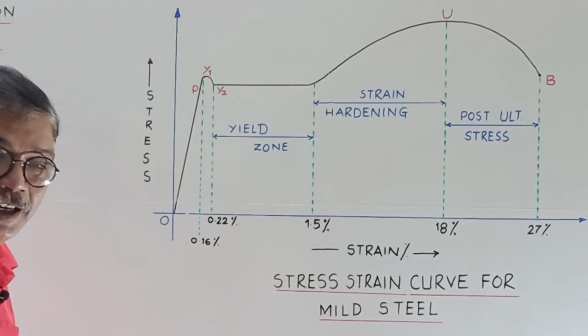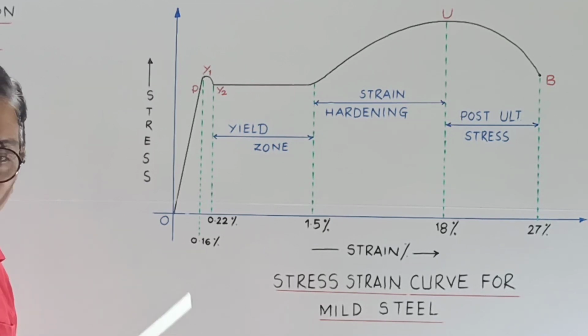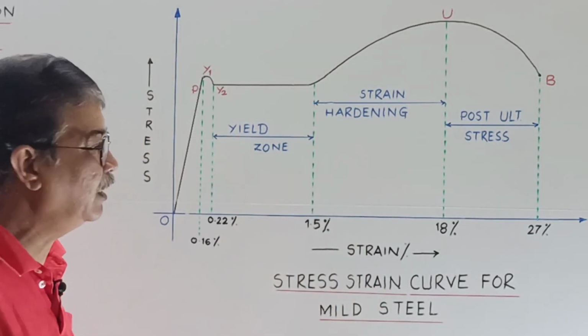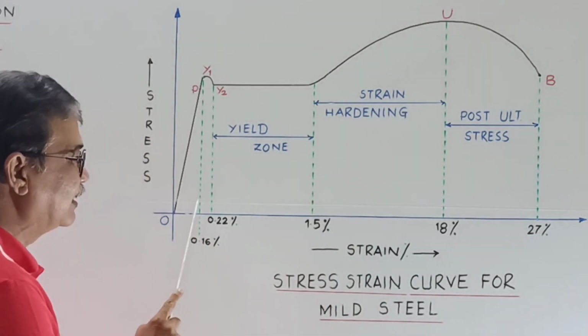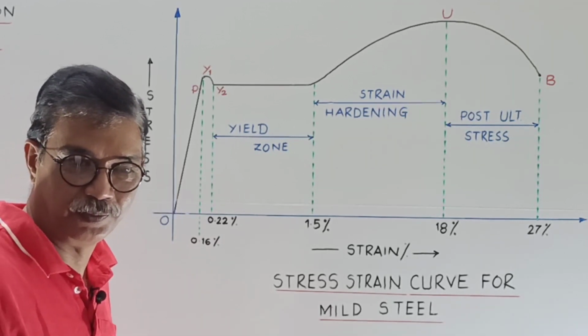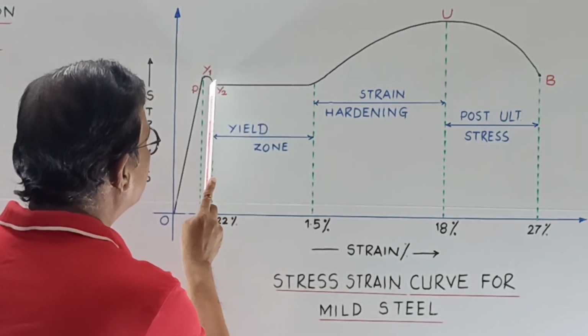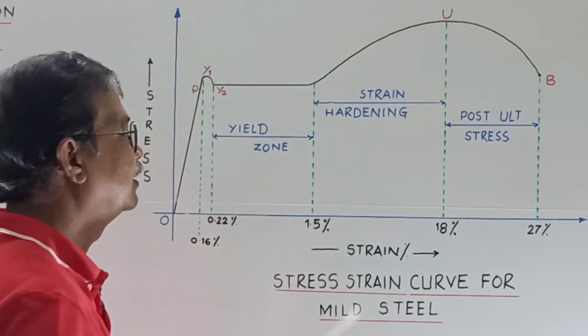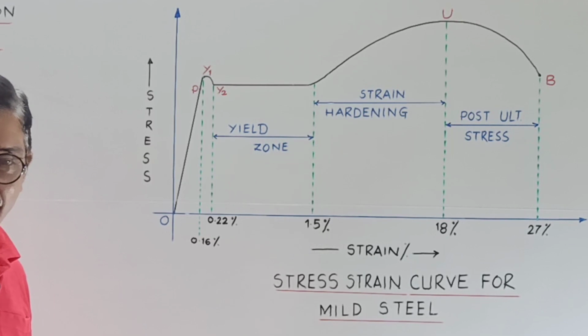Then, even if load is increased, strain increases without any considerable increase in stress. So this is idealized, which is seen as a horizontal line.